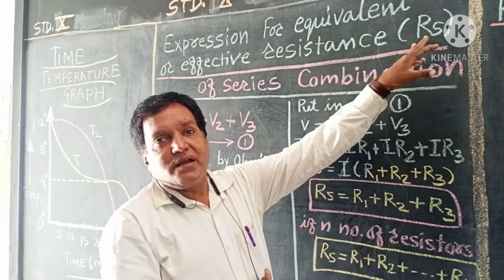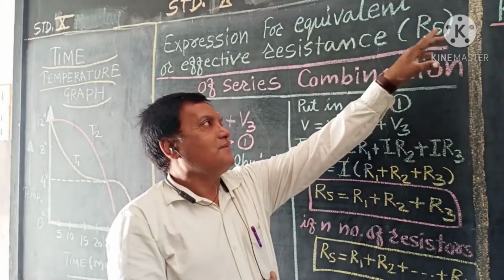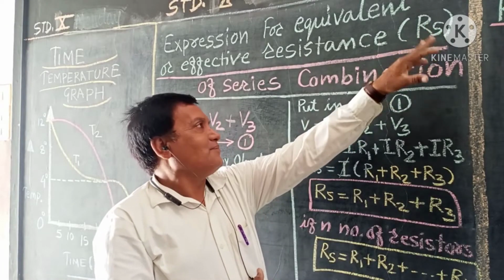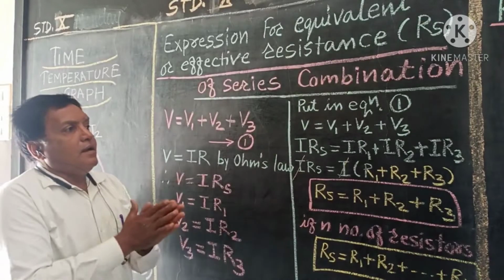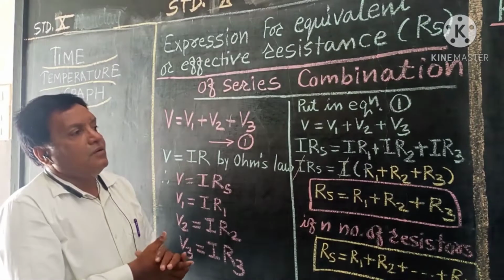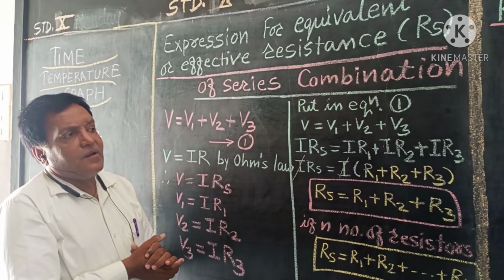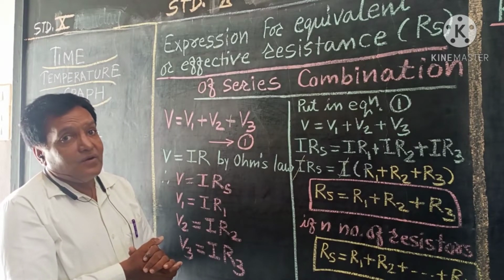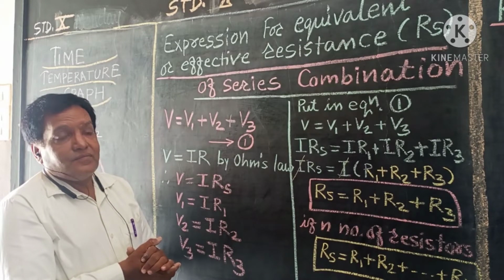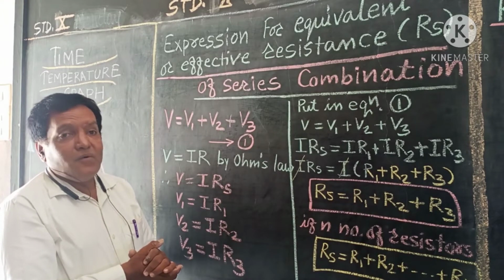For our understanding, we can assume it is fixed to the base of that resistor R. So from the circuit diagram, the total voltage supplied to the series combination of resistors is V. From that, R1 has taken V1, R2 has taken V2, R3 has taken V3 volts.